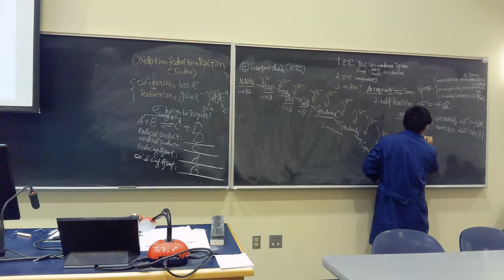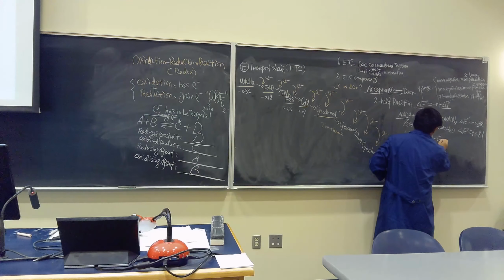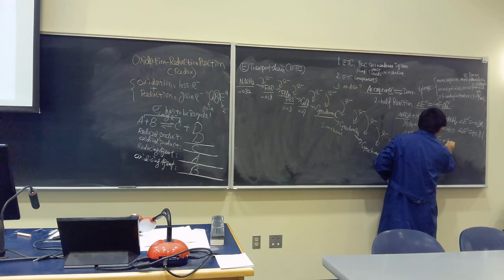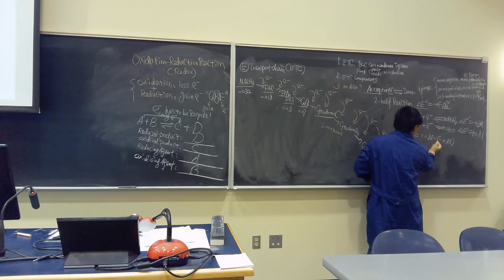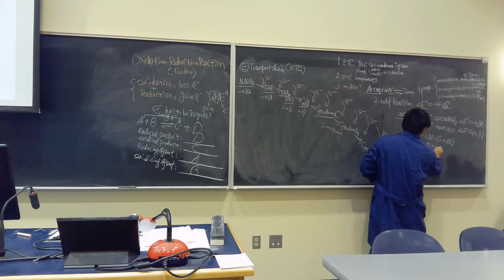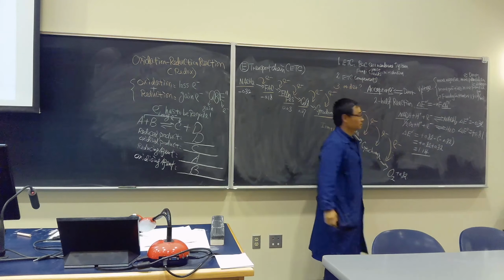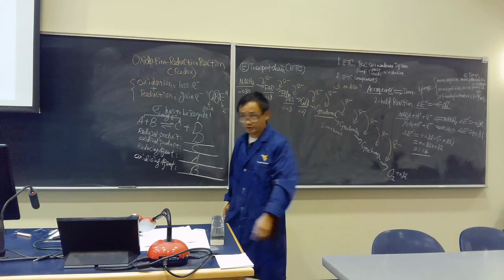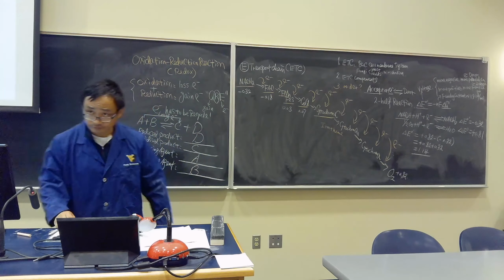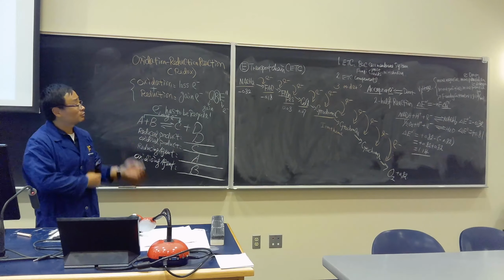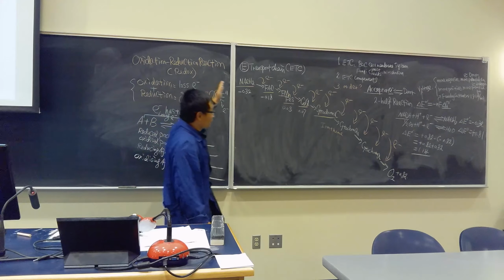That is positive 0.82 minus minus 0.32. Two minuses become plus. That is positive 0.82 add 0.32 equals 1.14. That's the electron transfer energy value. Okay, so that's the reason why it's organized like that.